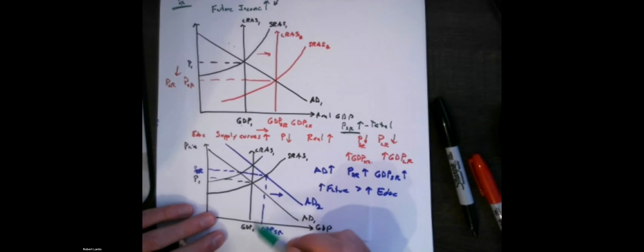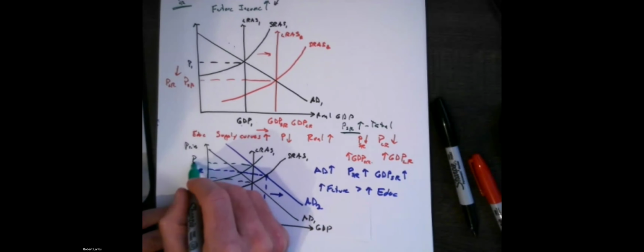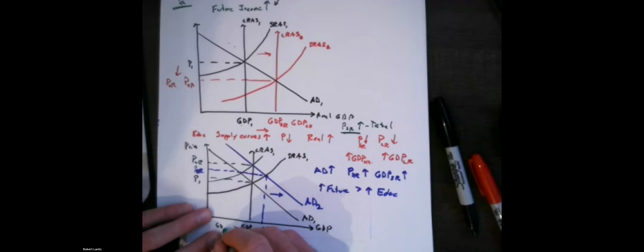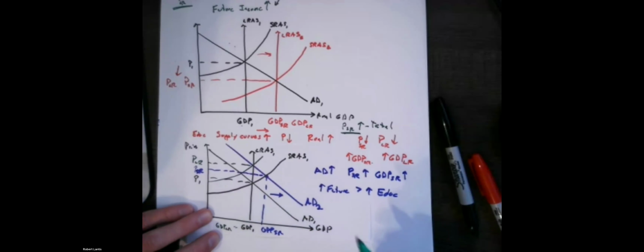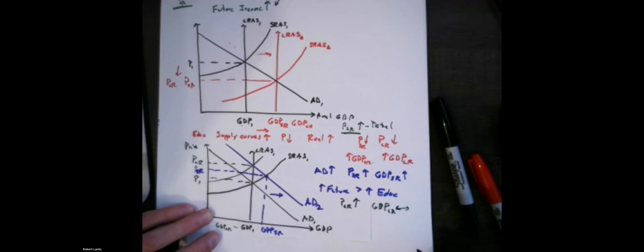If GDP is too high, an inflationary gap, until we get to that long run equilibrium where prices are now even higher than they were before, but GDP hasn't changed from this aggregate demand shift. So in the long run, my long run prices are going up, but what were the impacts on my long run GDP? Didn't change it at all.